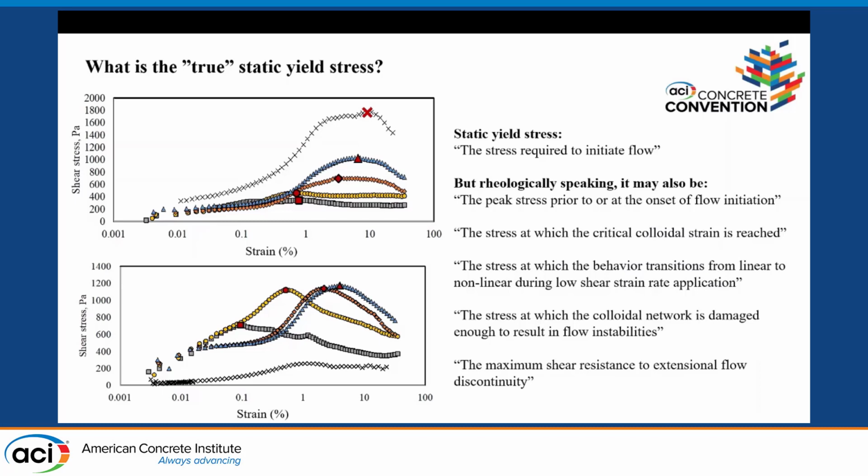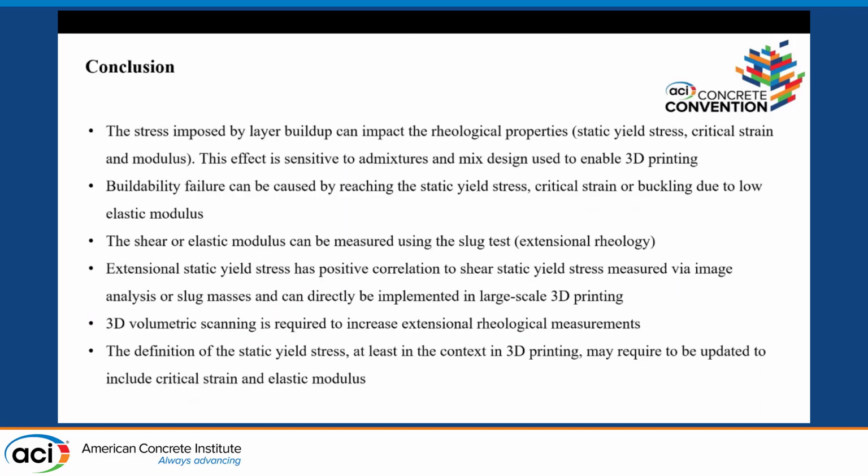We can note in some cases, and I've been playing with polymers a lot, we can even have multiple peaks appearing. And so there is a great need to revisit how we define the static yield stress in terms of 3D printing concrete, and to incorporate the effects of the strain and the shear modulus.